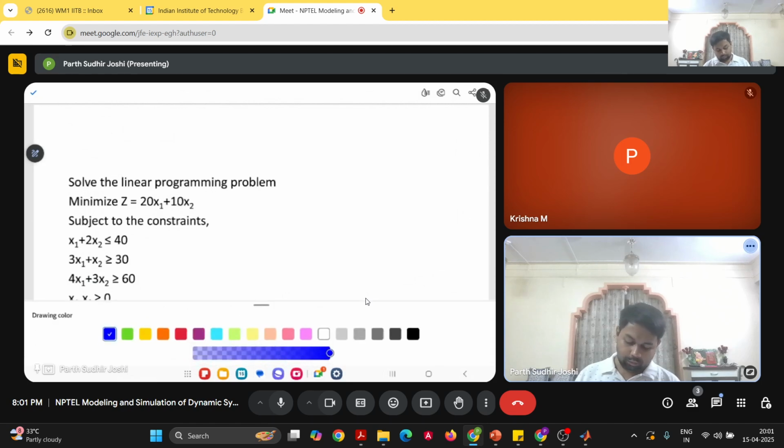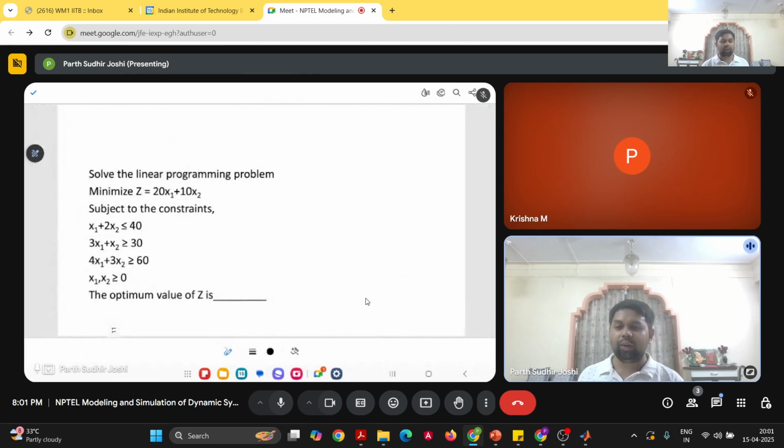How do we do that? In this case, we can simply solve these linear equations simultaneously. Let us number them as 1, 2, and 3. If we solve 1 and 2 simultaneously, what will be the intersection point?